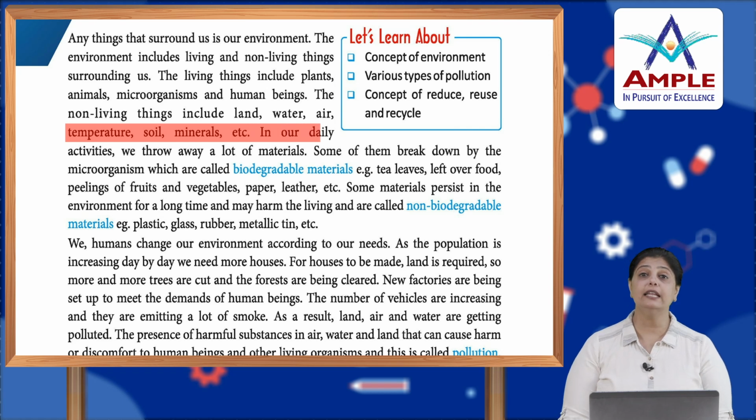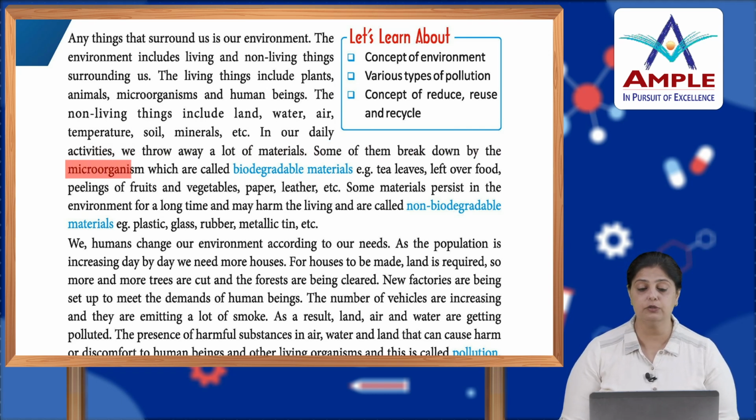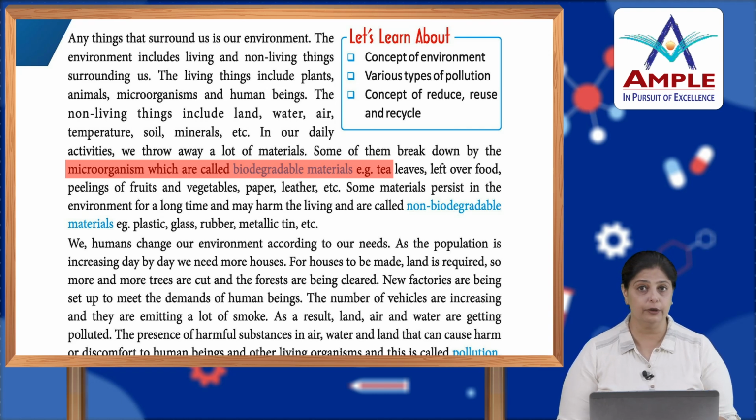Now, in our daily activity, we throw away a lot of materials. Some of them break down by the microorganisms, and they are called biodegradable materials. Example, when we make tea in the morning, we strain the tea, and we just have the liquid portion of it. The tea powder or the tea leaves are in the strainer.